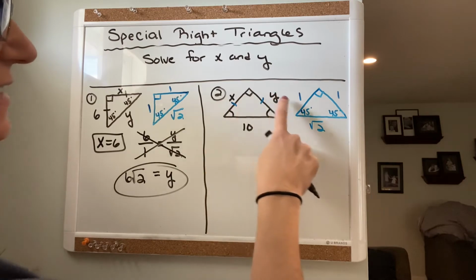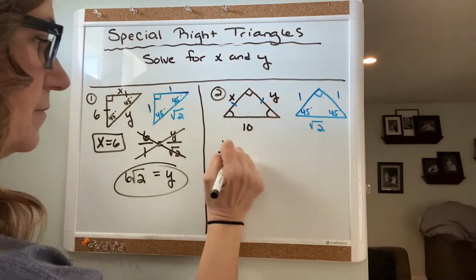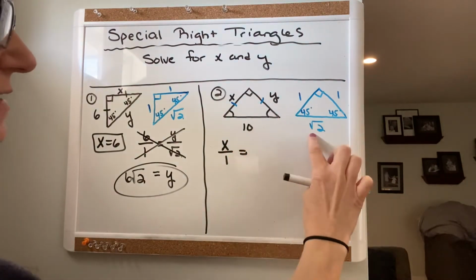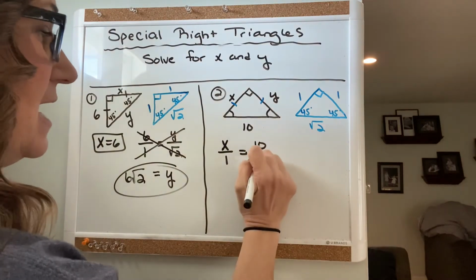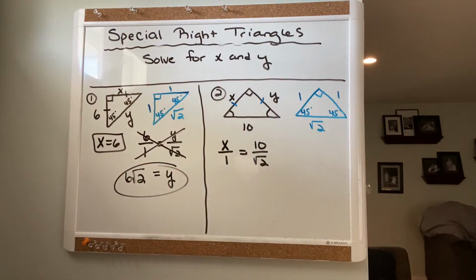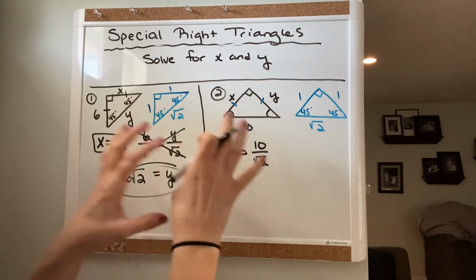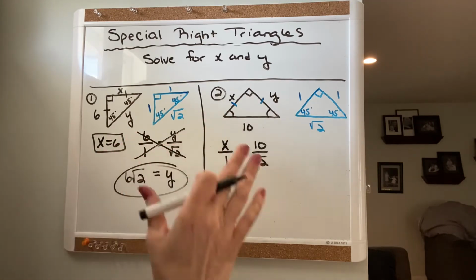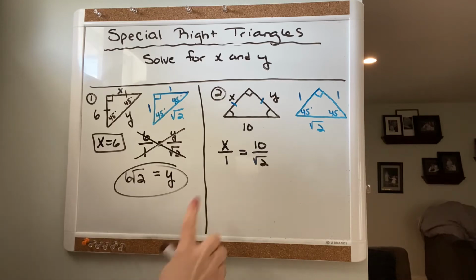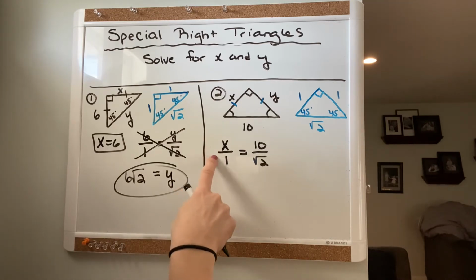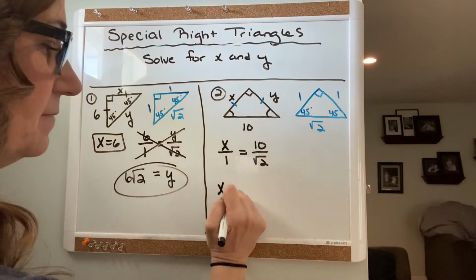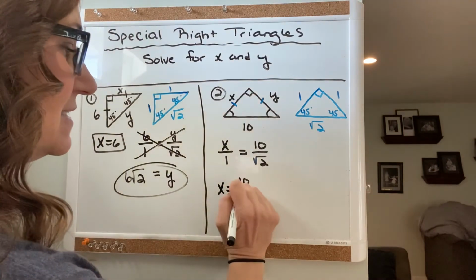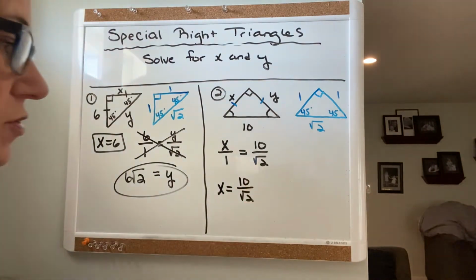So I'm going to say x is to 1 as 10 is to the square root of 2. And again, I keep telling you guys, please give the proportion a couple seconds of thought. Don't jump in and cross multiply right away. The reason here is because x over 1, isn't that just x? So we know x is 10 over the square root of 2.